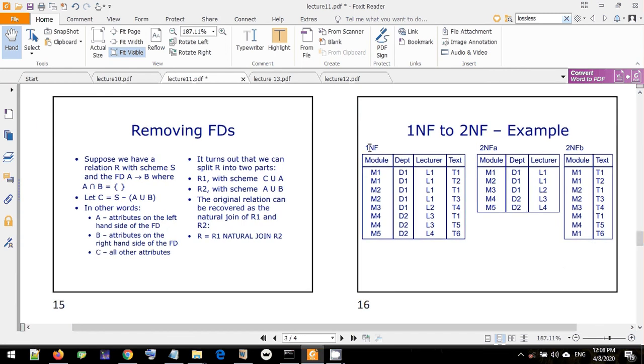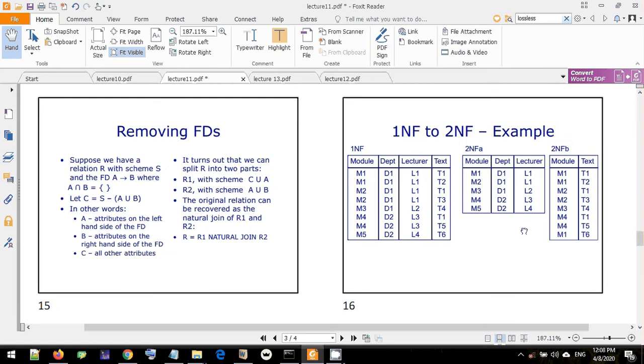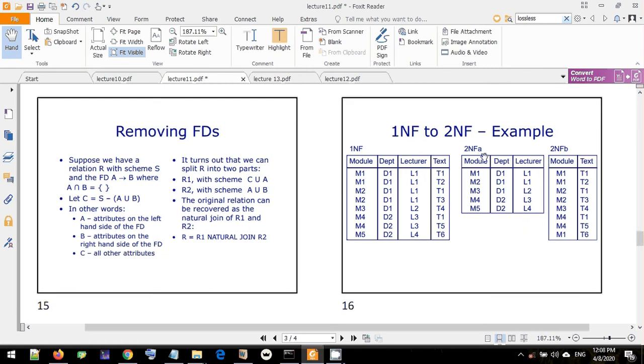The first normal form is this relation we have to the right, and to split it to the second normal form we'll have two tables, second normal form A and second normal form B. Second normal form A is a projection of the first three columns.